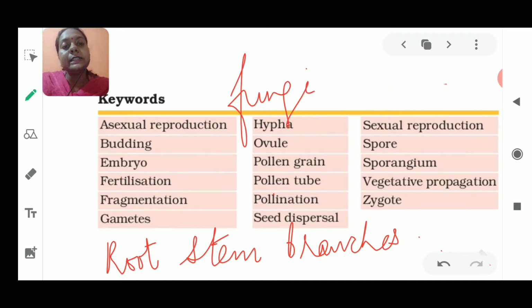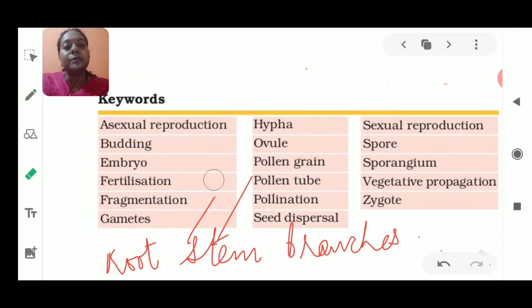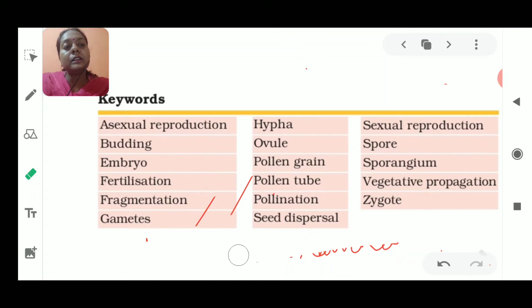In fungi, these roots and stem are known as hyphae. Hypha or hyphae, okay, hypha is singular and hyphae is plural. Once the fungi develop a tube-like structure which helps in the absorption of water, this kind of structure is known as the hyphae.